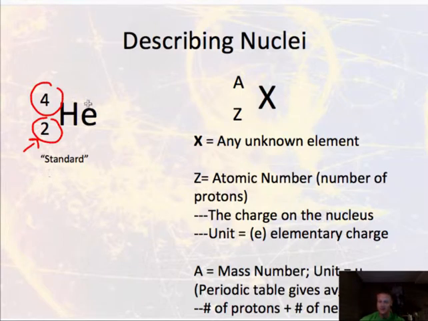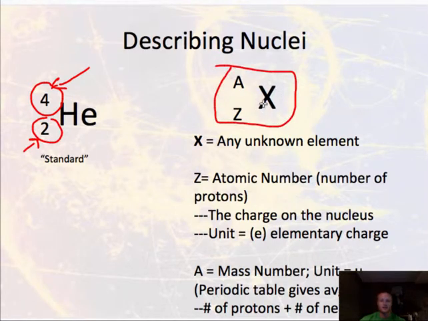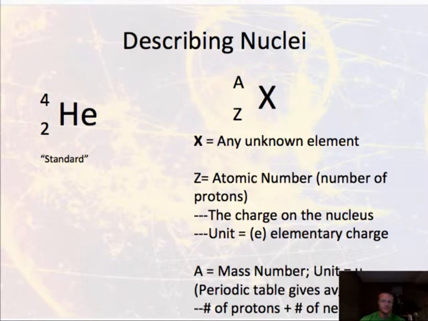This top number is the atomic mass, or the mass number, and that gives you the number of protons plus the number of neutrons. So in this case, we know helium has 2 protons, and since its mass number is 4, we can take 4 minus 2 to figure out that it also has 2 neutrons. This is just a general template of how it's laid out in physics, and I realize this, I believe, is backwards compared to what you learned in chemistry, but this is how it is in nuclear physics.